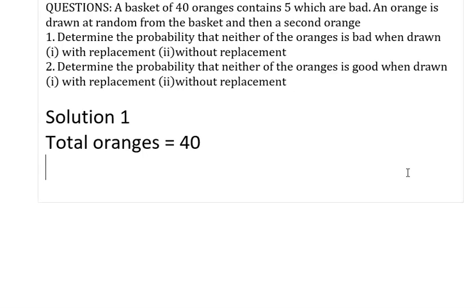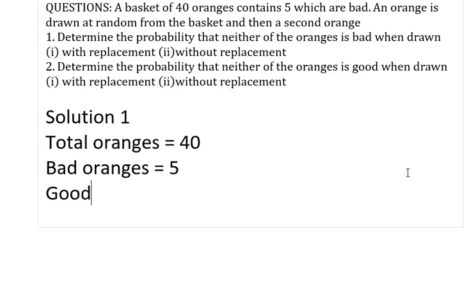So let's see bad oranges. How many? We have 5. So by implication, if we have total oranges to be 40, 5 are bad, it means those that will be good will definitely be 40 minus 5, which will give us what? 35. Awesome.